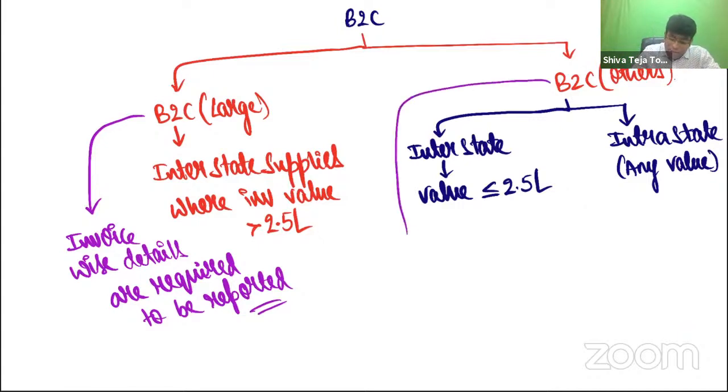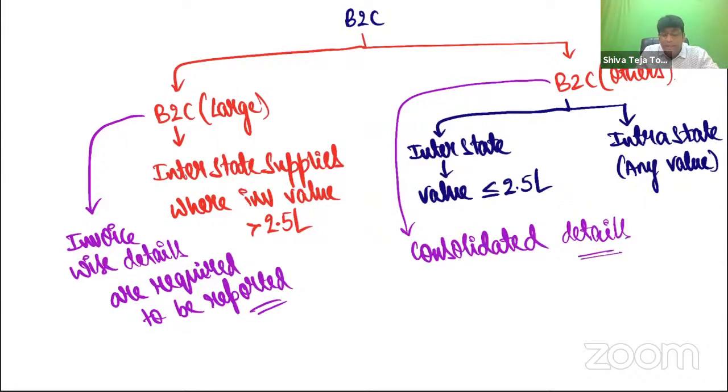But in case of B2C others, we will only give consolidated details. We don't even give invoice-wise or customer-wise figures. We will just show a lump sum figure in case of B2C others.